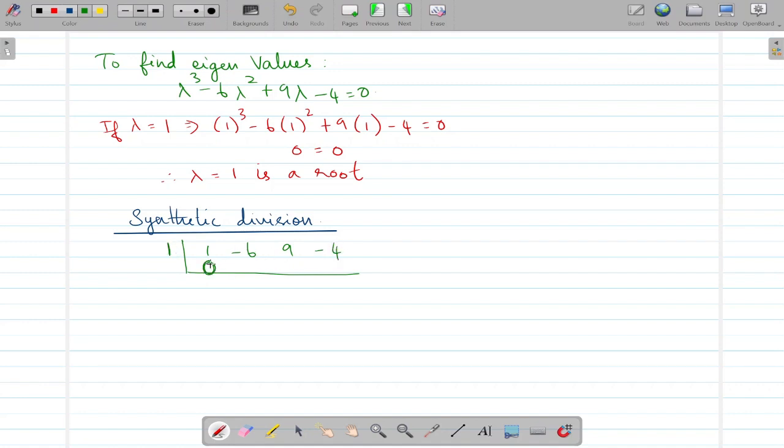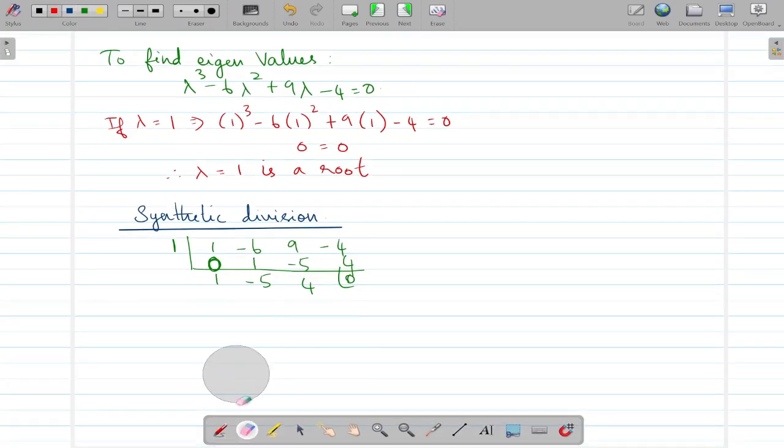You always start with 0, then add, you get 1. Now multiply this 1 with eigenvalue 1, add again, you get -5. Multiply this -5 with 1, you get -5, add again, you get 4. Then multiply with 1, you get 4. At the end you get 0. You have to get 0 at the end. If you didn't get 0 at the end, then the synthetic division you did was wrong.